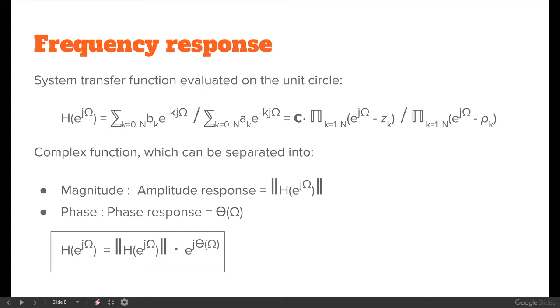This complex number actually can then be separated into magnitude or amplitude response. So amplitude response is simply the absolute value of this, which is basically the normal absolute value, but well, the same thing. It is still the same thing, although the mathematicians don't like that.